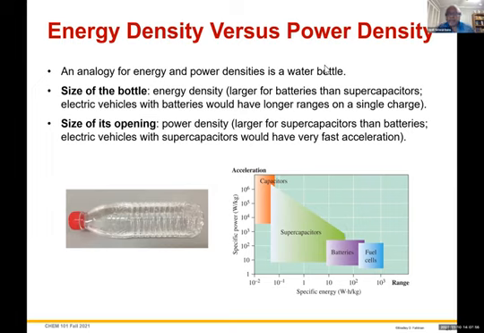Supercapacitors and capacitors have much higher specific power. Energy density-wise, there is much more energy in fuel cells and batteries. So this is a comparison of two possibilities, batteries and supercapacitors. And the fuel cells we're going to talk about in a minute.